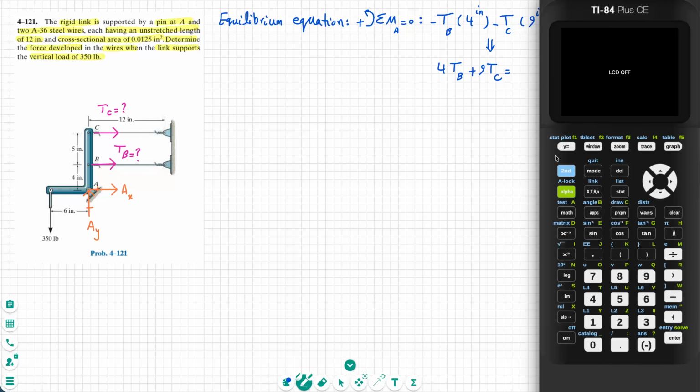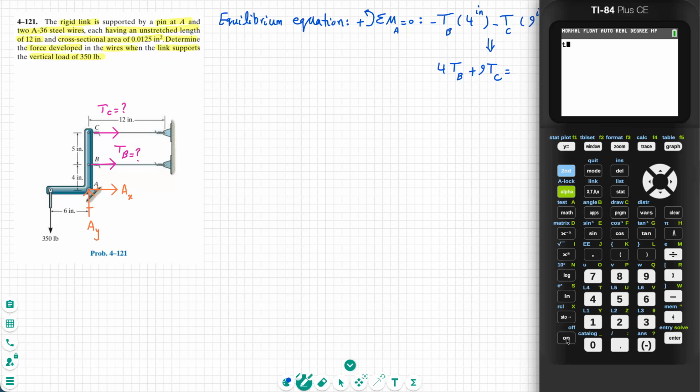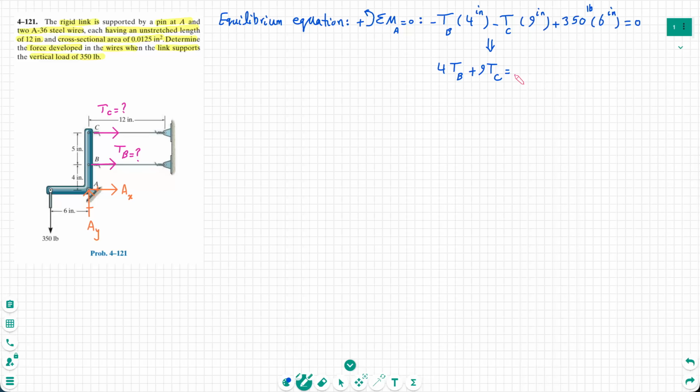If I multiply 350 times 6, we get 2100. So I can write 2100 pound-inch.